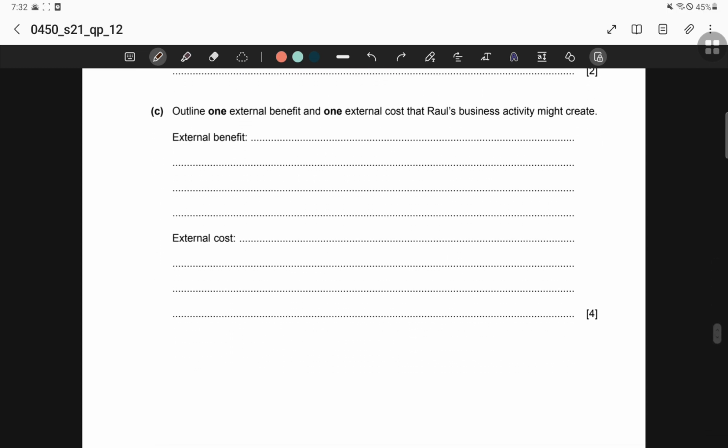C, outline one external benefit and one external cost that Raul's business activity might create. External benefit will be jobs created on the farm, that's an external benefit. Other businesses moving into the area is an external benefit. There's also environmental externalities, like trees release oxygen, planting trees improves air quality, or trees absorb carbon dioxide.